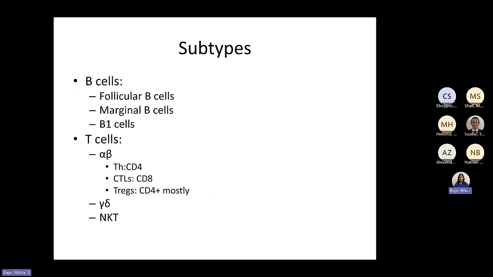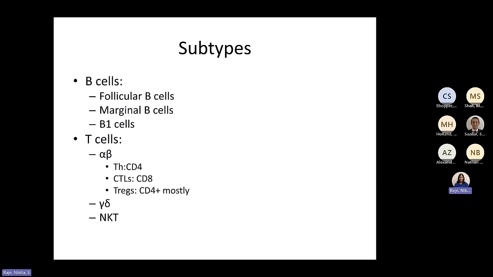So B cells are different types. The typical B cells that we talk about are called follicular B cells. There are also cells called B1 B cells and marginal B cells. And then T cells, the typical T cells that we talk about are alpha beta T cells. And there are also some cells called gamma delta or natural killer T cells that are different subsets or subtypes of T cells.